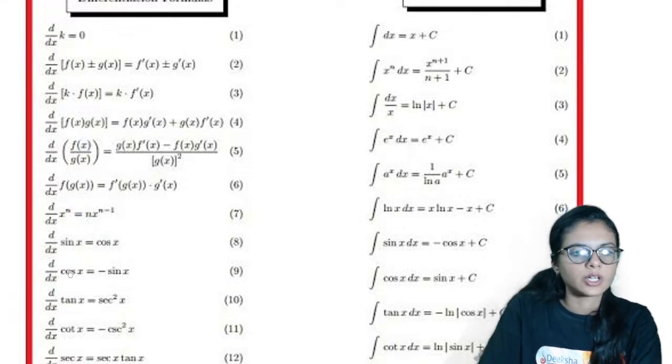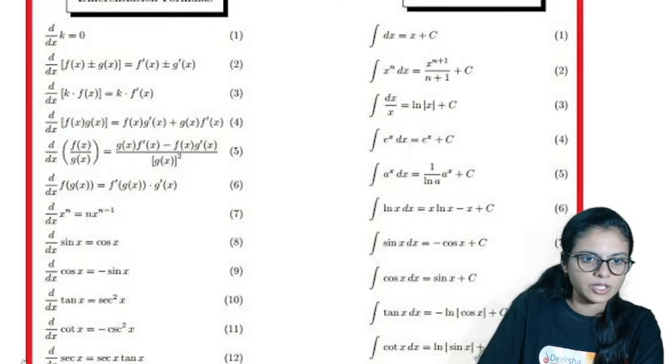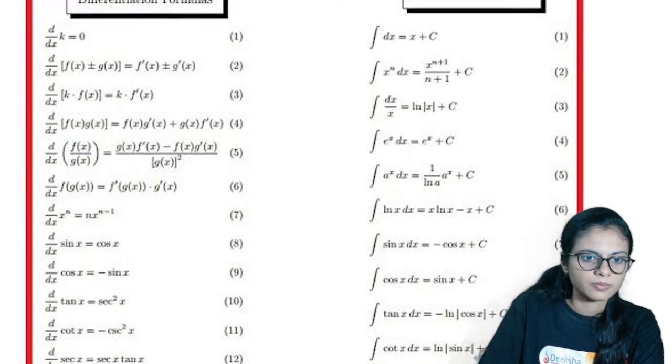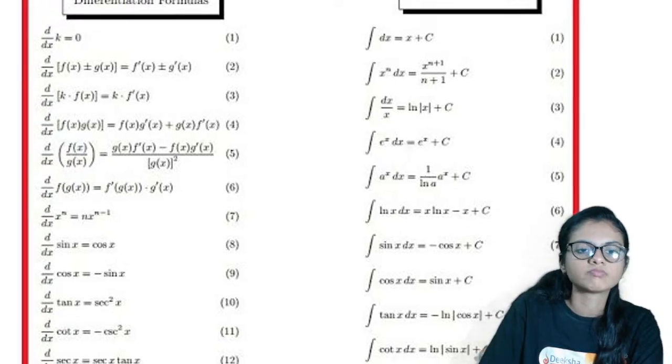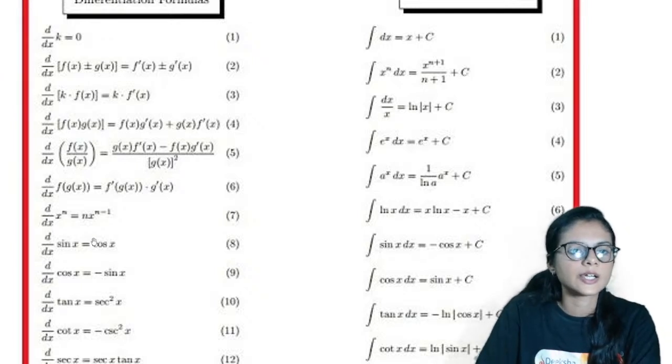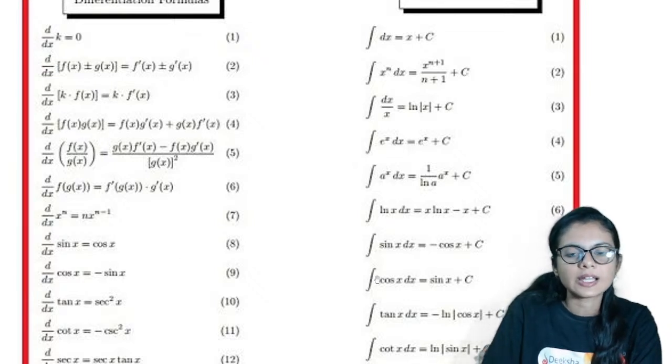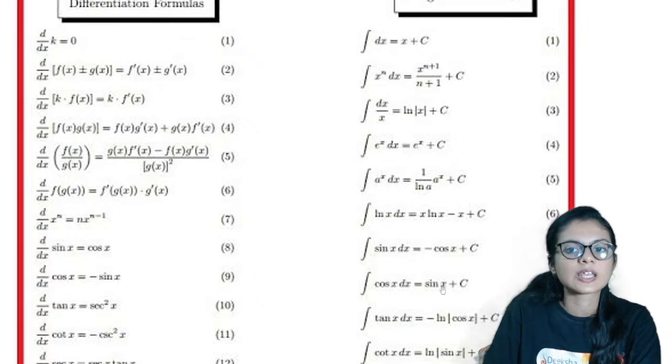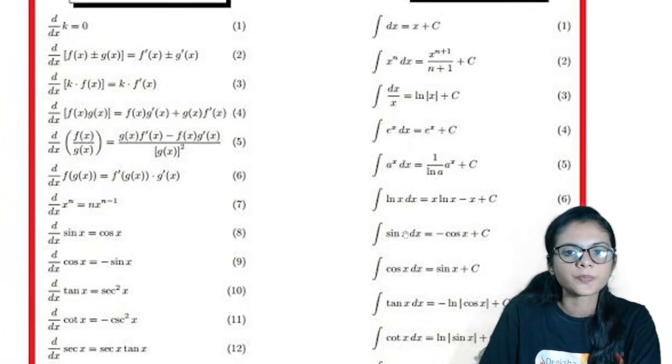See here, the differentiation of cos is giving us minus sin x, and the integration of cos x is giving us sin x. There is just a change in sign, right?